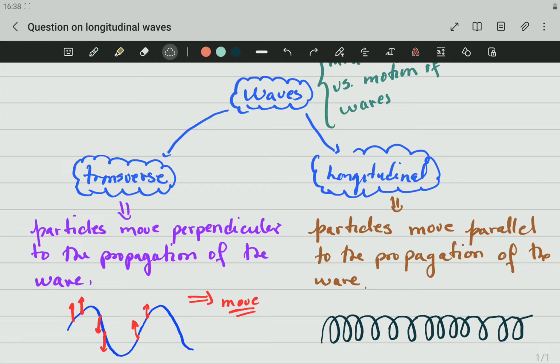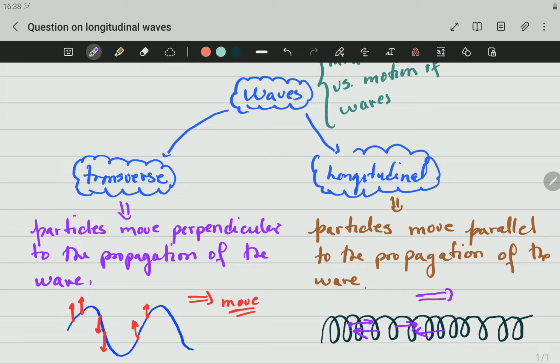For instance, in this case here of the spring, the wave is going to propagate in that direction. Now, the particles will move in one direction and in another direction, so they move forth and back all the time.